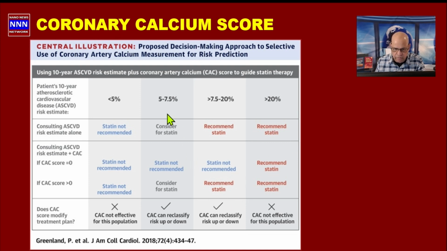Whereas if the risk is between 5 and 7.5%, which is like in the low intermediate risk group, we may consider statin, especially if they have other risk factors like hypertension, diabetes, or high cholesterol.